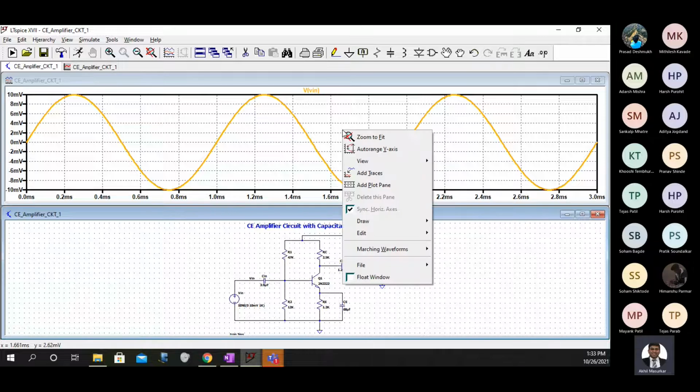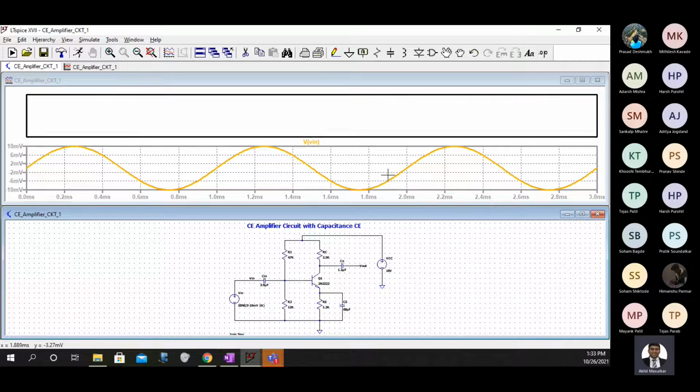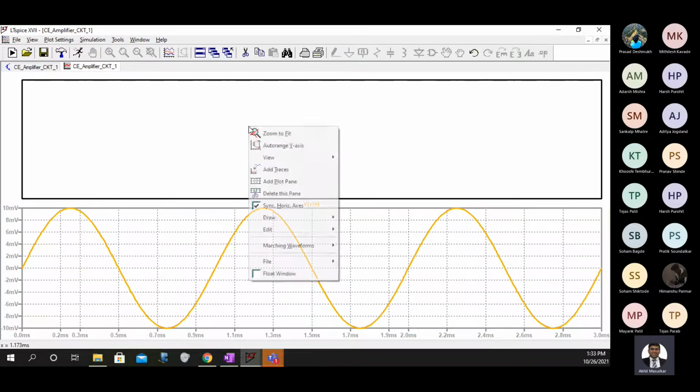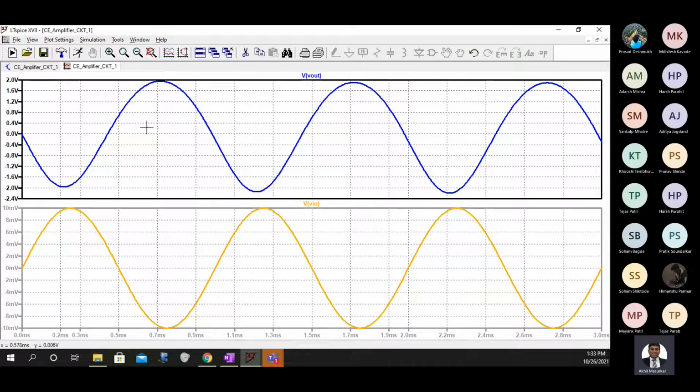Okay. Now I'll add a trace here, or I can add one more plot plane, and we'll just expand this, and here I will add trace, which is my Vout. This is my Vout.